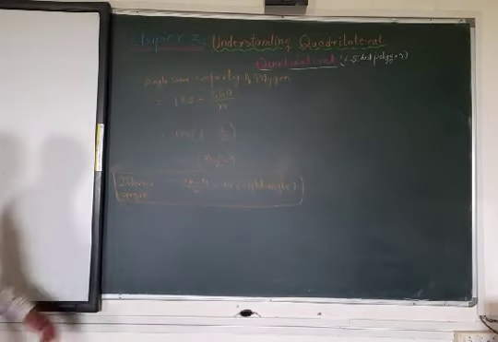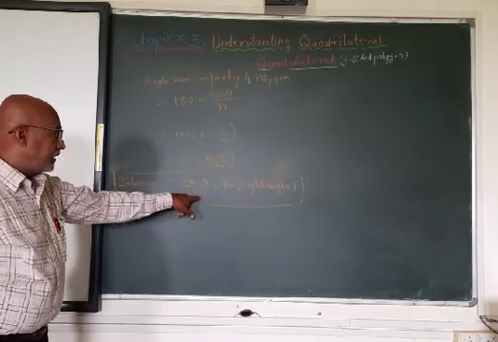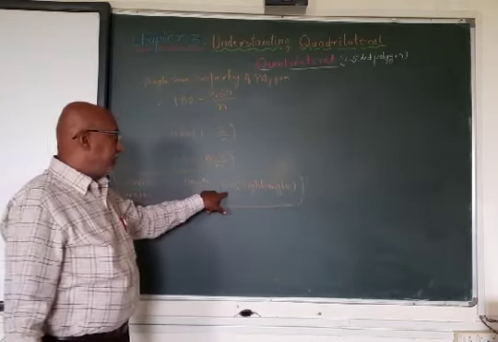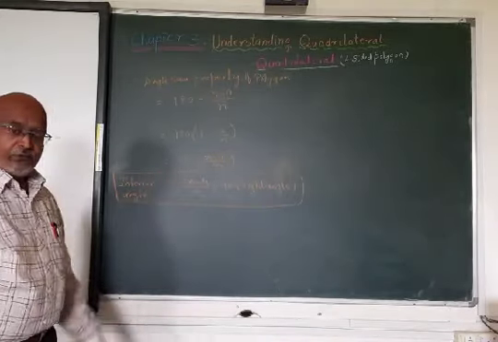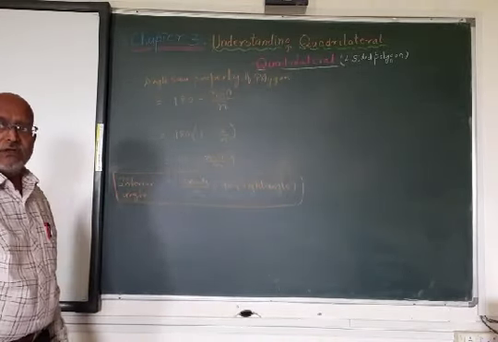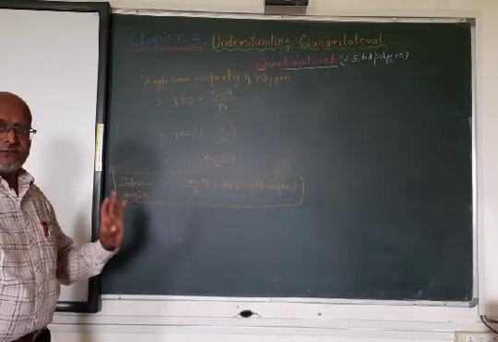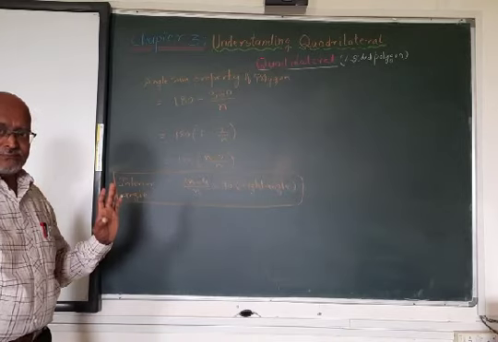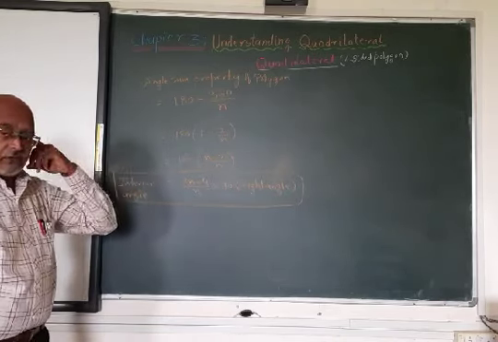You can find it by this formula: 2n minus 4 upon n multiplied by 90. So when you use this, you can find the interior angle of any polygon. Got it clear?